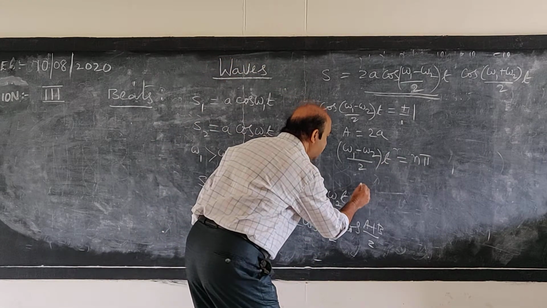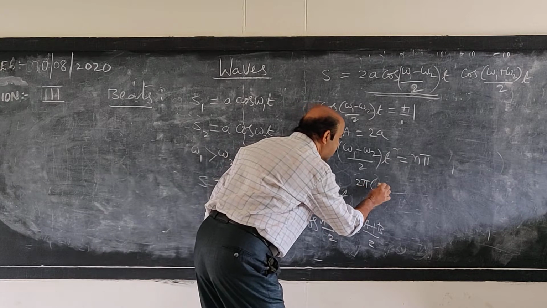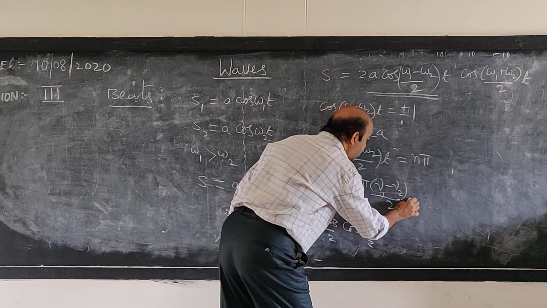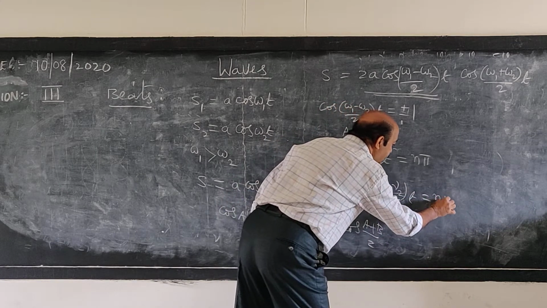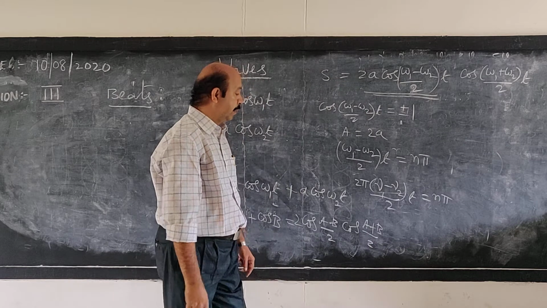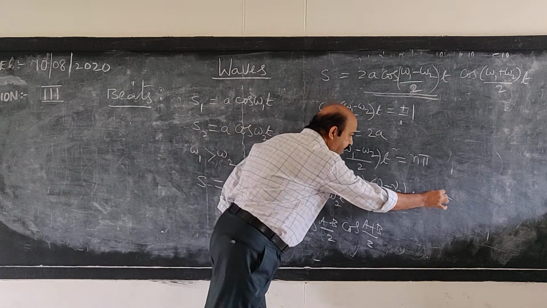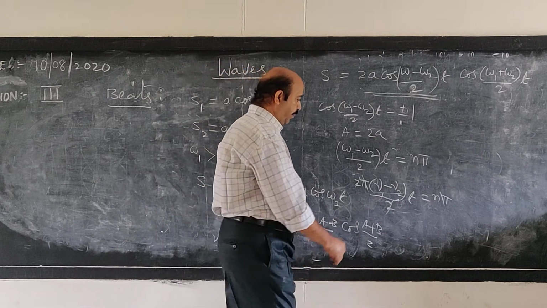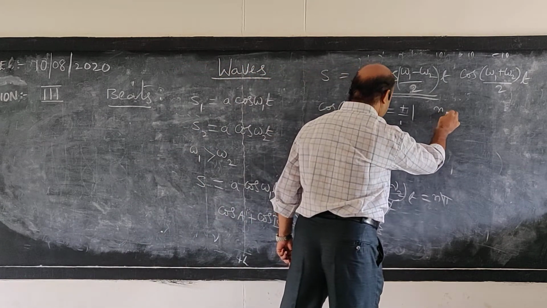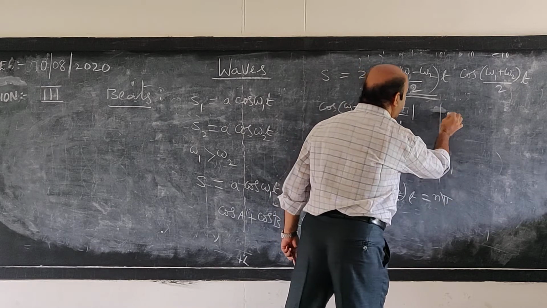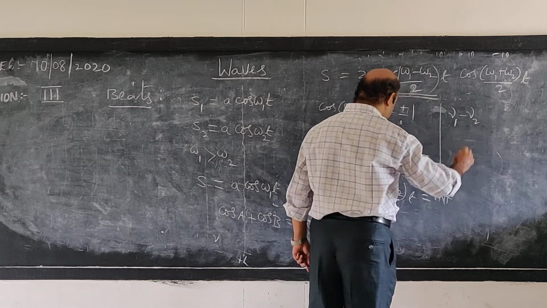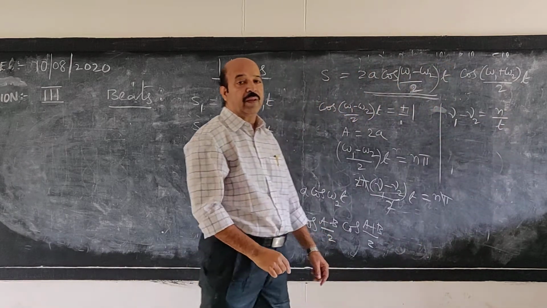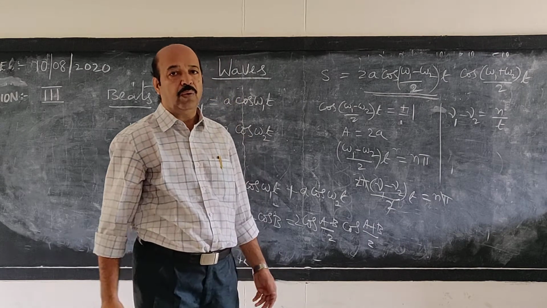So we can write 2 pi times (mu 1 minus mu 2) by 2 times t equals n times pi. Here the pi gets cancelled, and the 2 gets cancelled. Then what remains is the frequency difference mu 1 minus mu 2 equal to n by t, where n is a whole number.